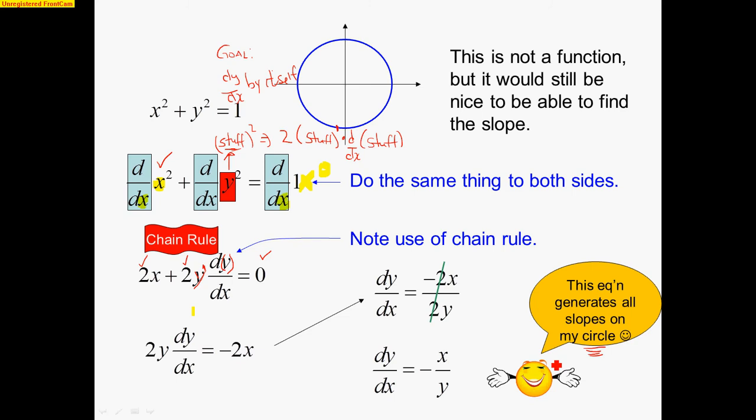Now notice that the slopes on my circle involve both the x and the y coordinate. That's never happened before. Our derivative functions have all been explicitly in terms of x.